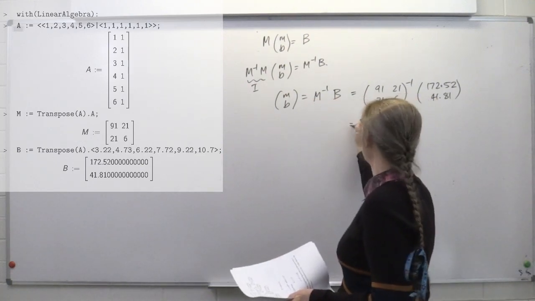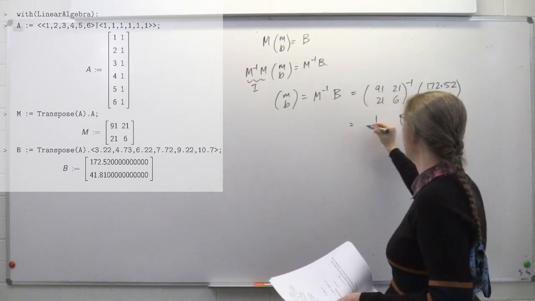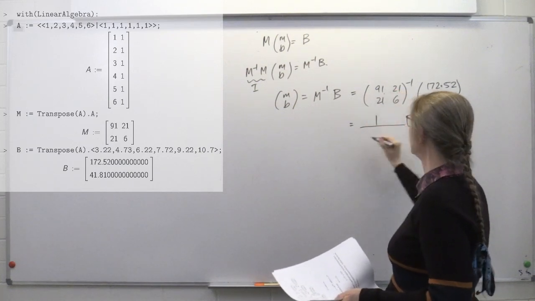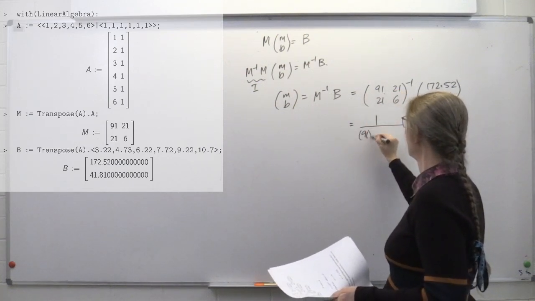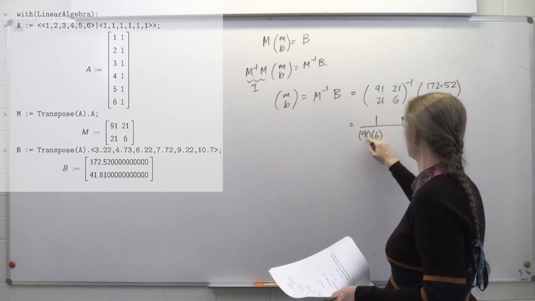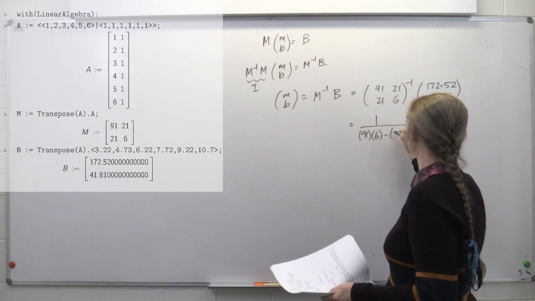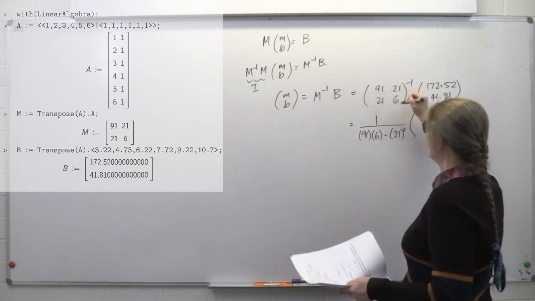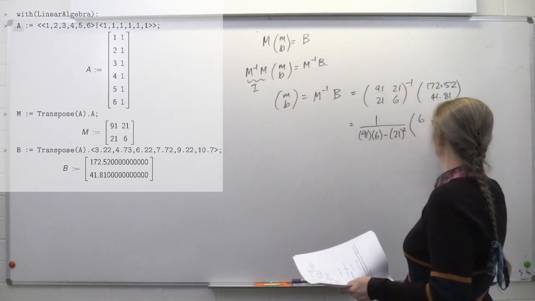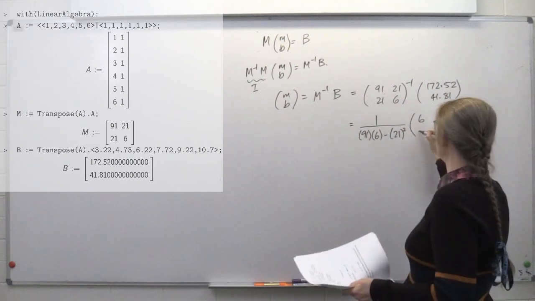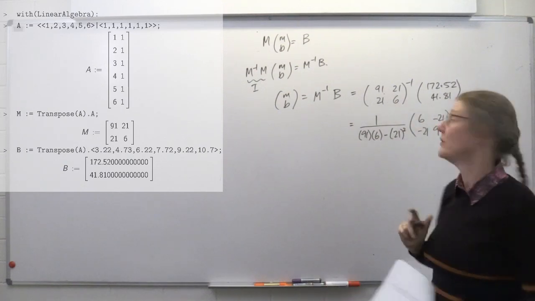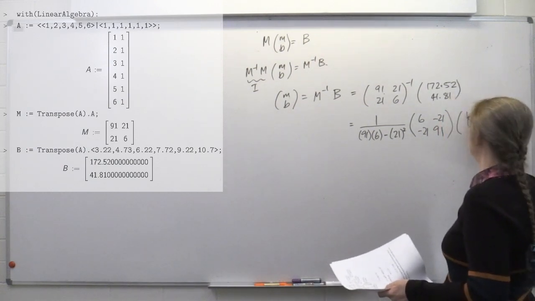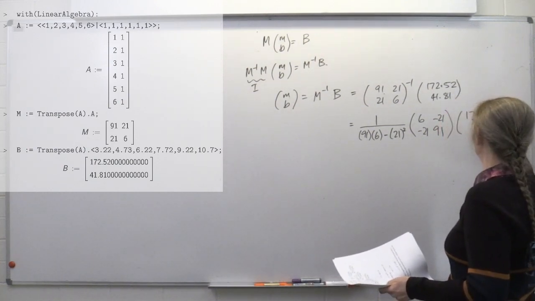So we can say this is 1 over 91 times 6 minus 21 times 21. We swap the leading diagonals and we stick minus signs in front of the off diagonals. That's our M inverse. We still have B sticking around ready to be multiplied.